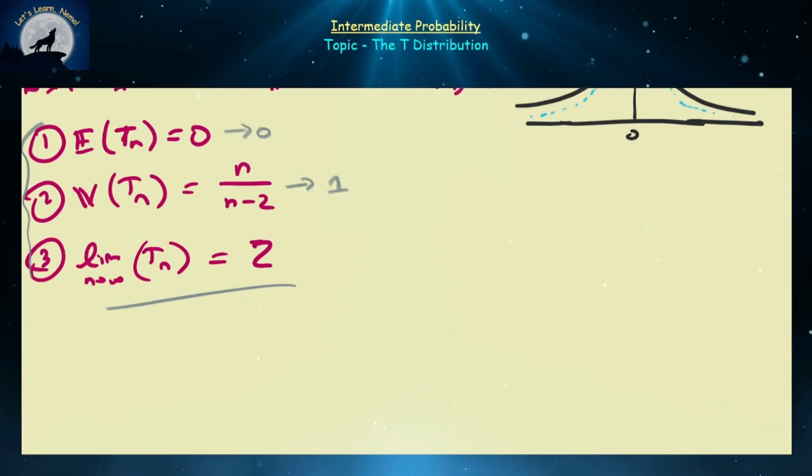And one last other thing before we go today, notice that this expected value of Tn is equal to 0. This is actually only going to be analytically true when n is bigger than 1. When n is equal to 1, you'll actually see that the expected value does not exist, even though it appears to be symmetric around 0.